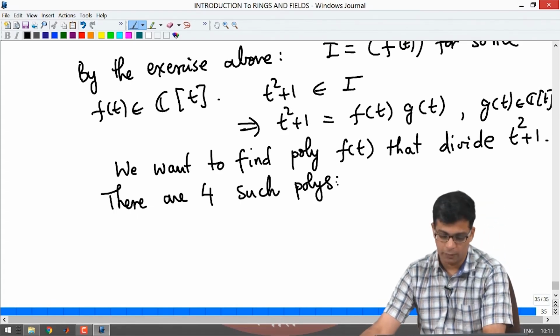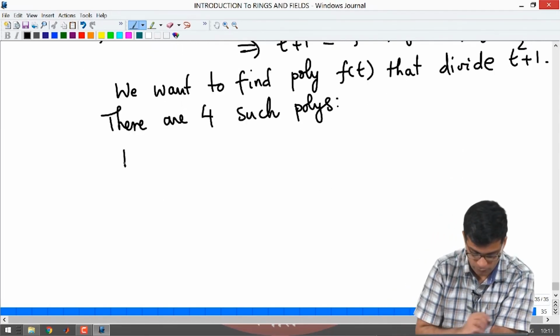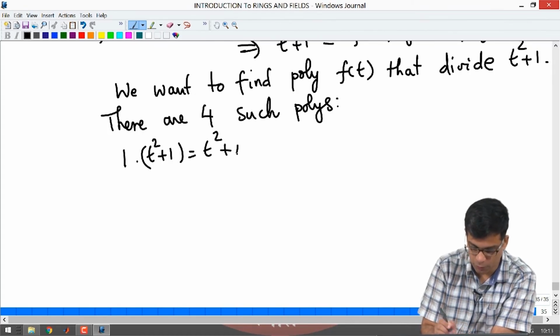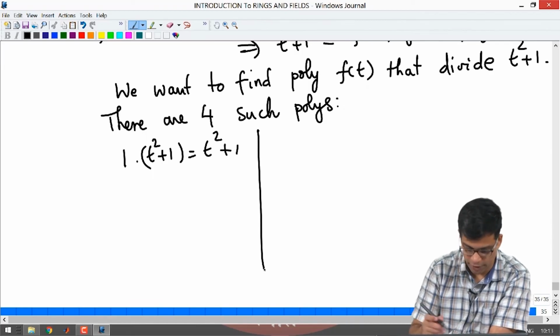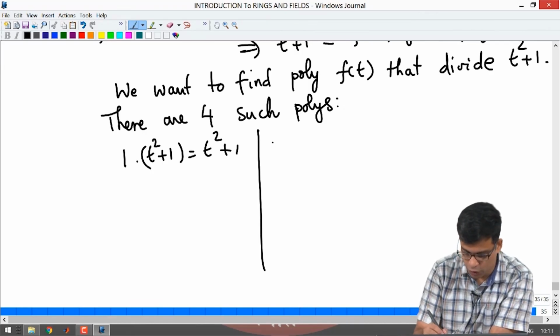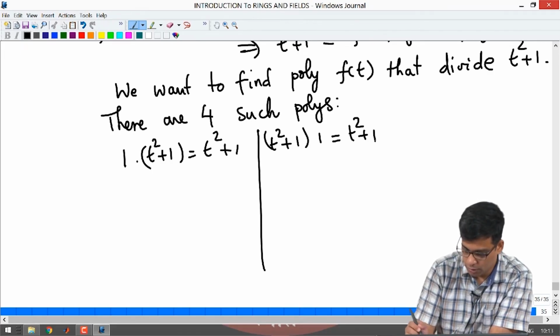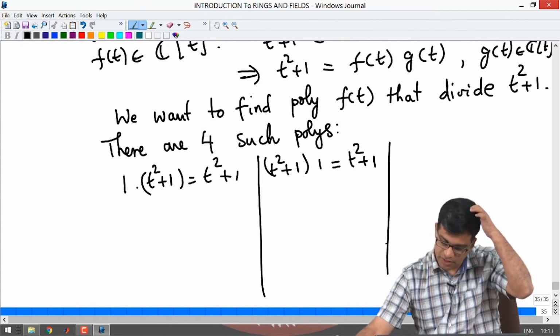So, certainly 1 divides it, right, 1 times t squared plus 1 is t squared plus 1. So, that is one possibility for f. I will write all the possibilities here. The second possibility is of course t squared plus 1. t squared plus 1 itself divides t squared plus 1.